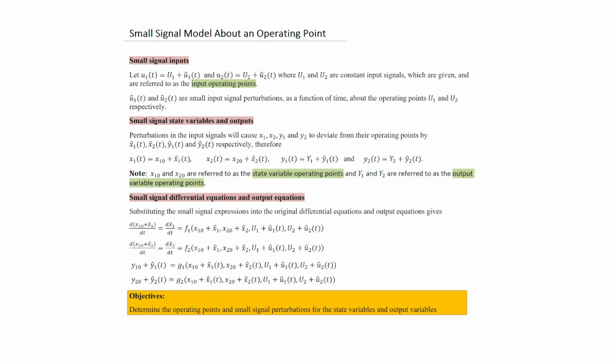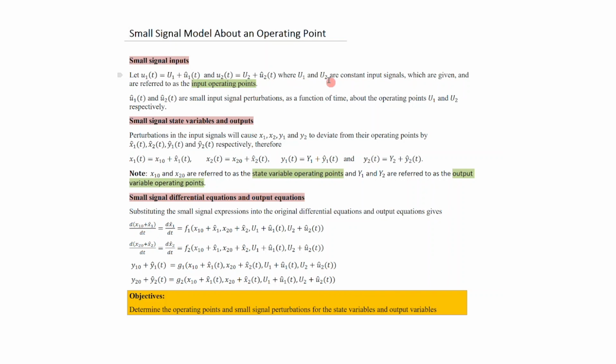Now we're looking at the process for small signal modeling about what we call an operating point. What do we mean by small signal inputs? That just means you take the input signal and perturb it about a specific DC, constant value. Here, for instance, u1 as a function of t is a steady state or DC value plus a perturbation, which is a function of t. u2 looks the same.